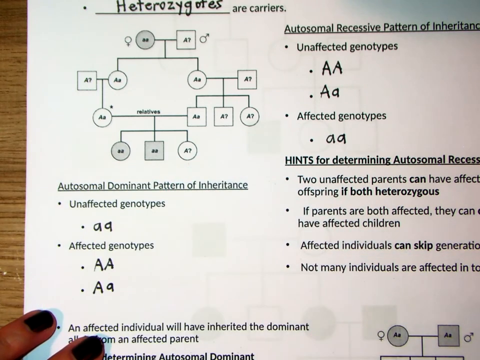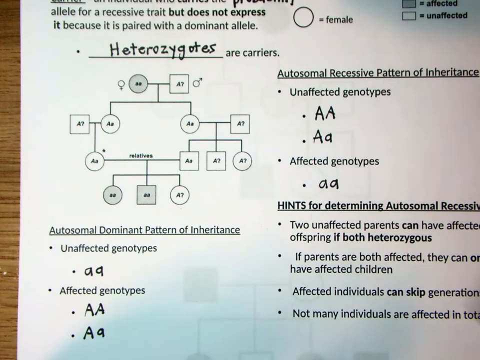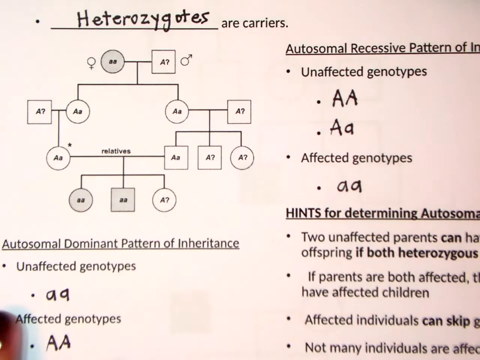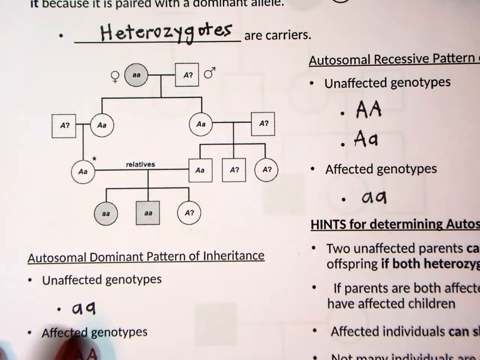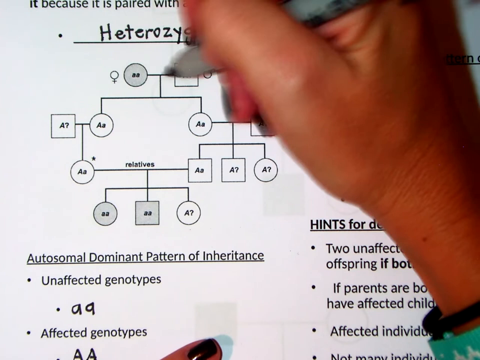Let's look at this a little more in detail here. I'm not going to talk about the genotypes necessarily, but just the patterns of marriages and offspring. So this right here would represent a marriage between these two, and then they had these two offspring here.